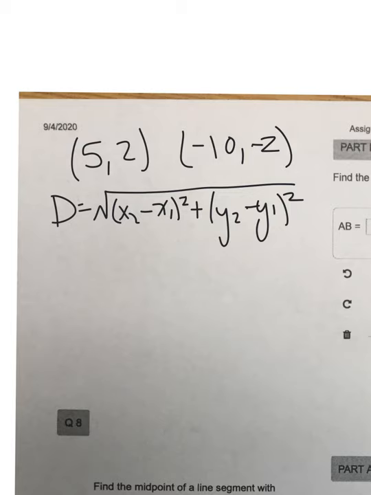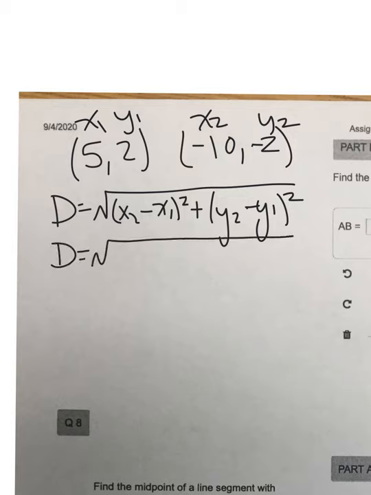With this, I'm going to label my x's and y's, and I'm just going to choose this ordered pair to be the first pair, and this one the second. Remember, when you're doing distance, it doesn't matter which one is first or second. So if I substitute in, x2 I got negative 10 minus 5 squared plus negative 2 minus 2 squared.